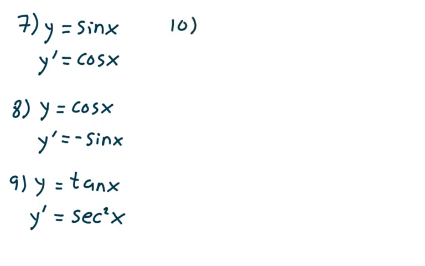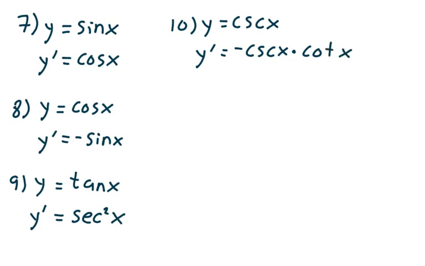Number 10, suppose y equals cosecant x. Y prime is negative cosecant x times cotangent x. Number 11, suppose y equals secant x.